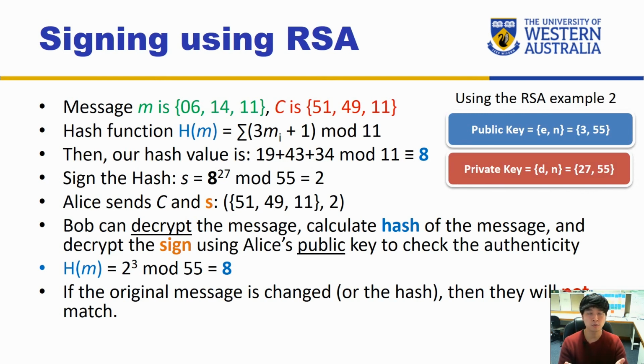Since those two values are the same, Bob knows that the ciphertext is correct. Therefore, the plain text retrieved from it is also correct and has not been altered in any way. Whether the signature gets altered or the plain text gets altered, it's not going to match one way or the other. So you can try to change the message or the hash value to see whether you end up with the same hash value at the end or not.